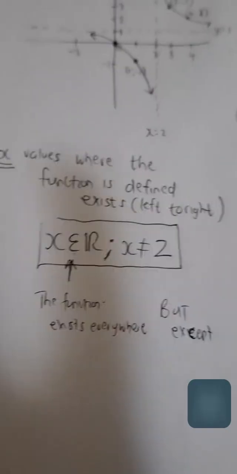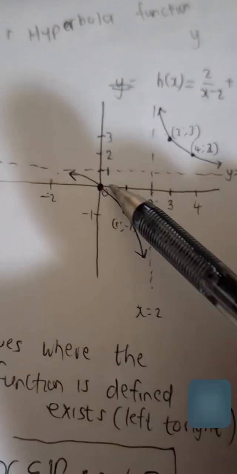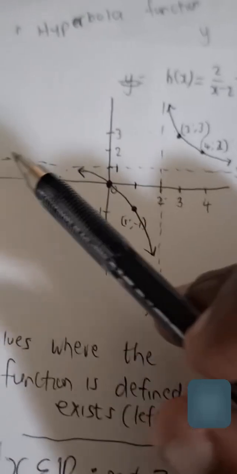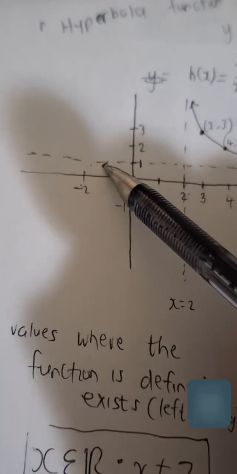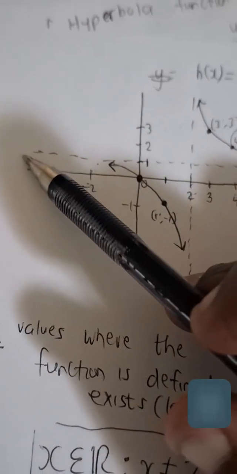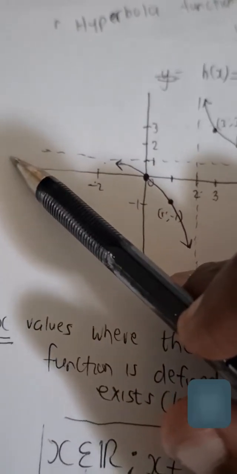more especially if we know that the function is the type of function where it does indeed exist everywhere. You can see the arrow is an indication that this function will go on infinitely without ever touching this horizontal asymptote on the negative side, towards negative infinity.